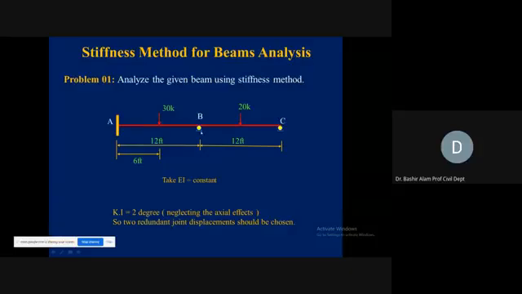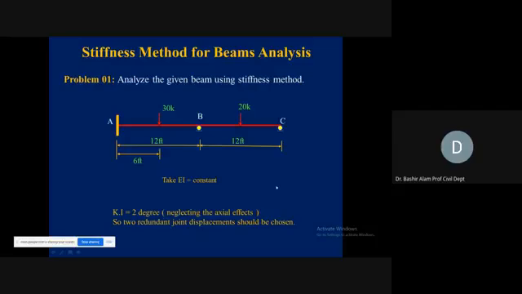That is rotation at B and rotation at C. So theta B and theta C, we will give a general notation D1, D2, D3, so it will cover each and every translation and theta. So kinematic indeterminacy, at the bottom in orange, you can see is 2 degrees when we neglect the axial effects. So 2 redundant joint displacements should be chosen.